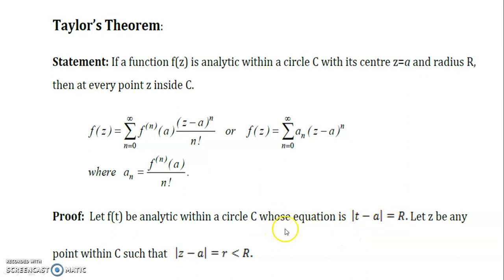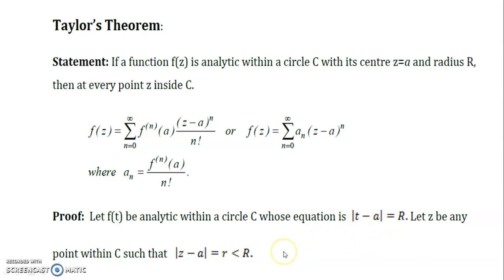That means we take a function which is analytic within the circle, whose center is at t equal to a and radius r. And let z be any point within that circle such that modulus of z minus a is less than r.